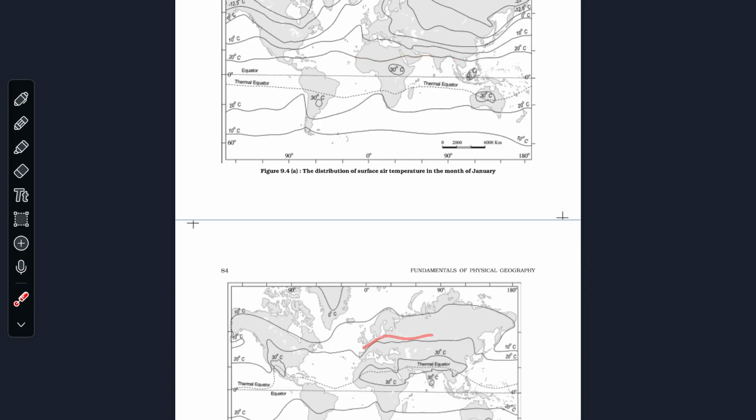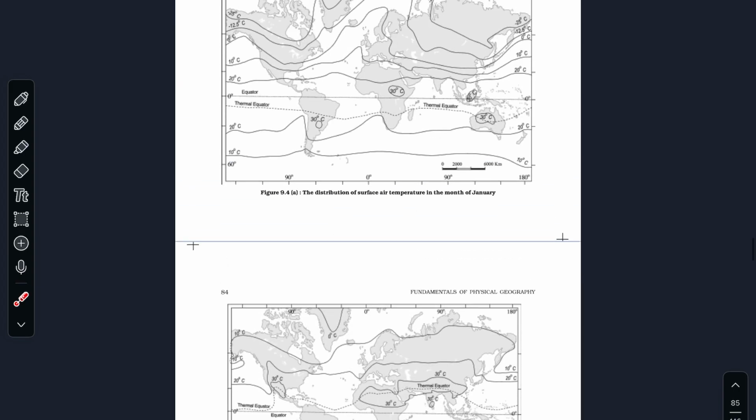This one has come over here. So it is bending south as we move to January. Whereas over the oceans, if this was the 10-degree Celsius isotherm, it has turned southwards. The 20-degree one has also turned southwards.